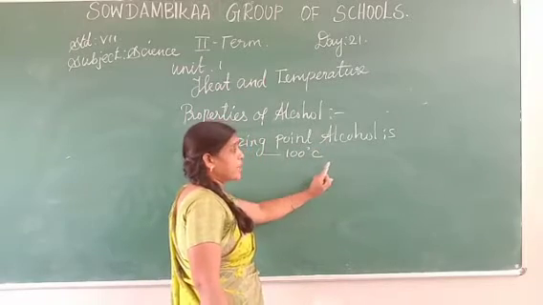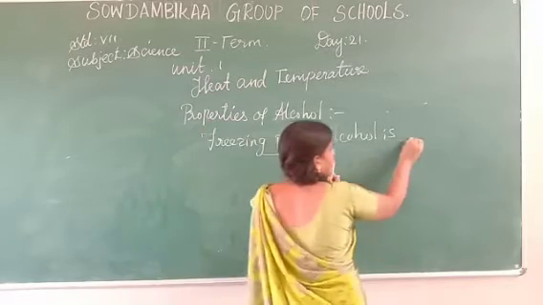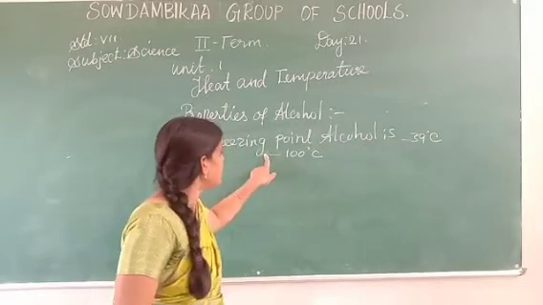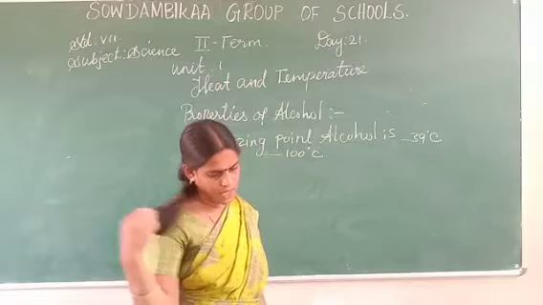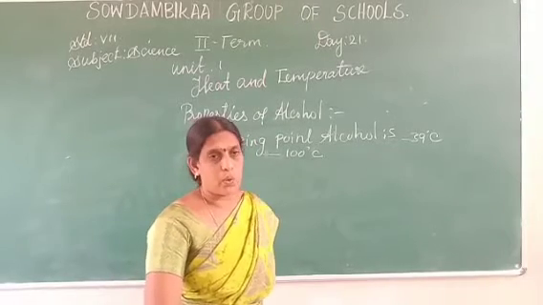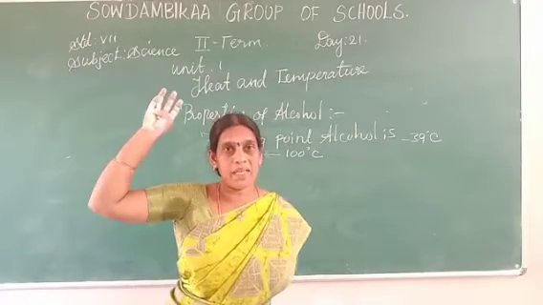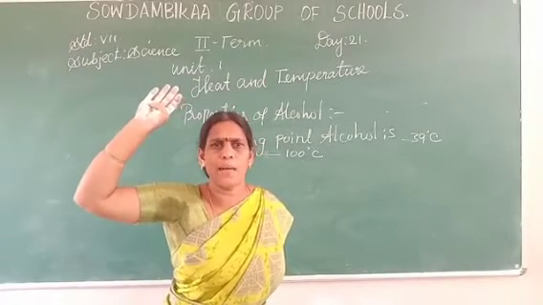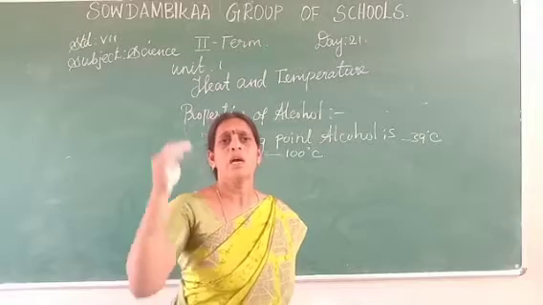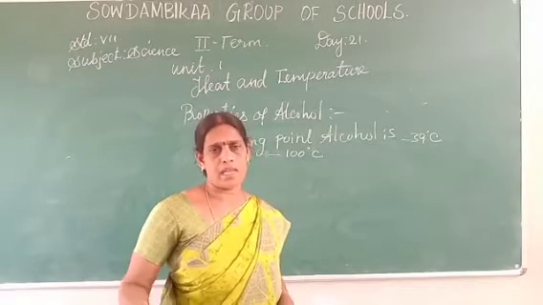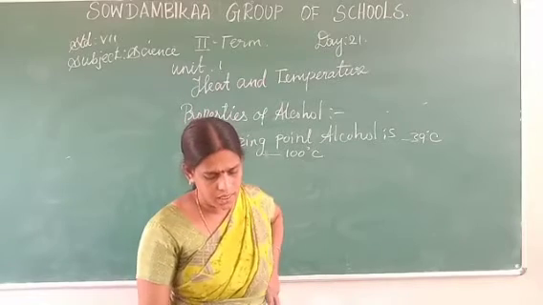What is the freezing point of mercury? Minus 39 degrees Celsius. But in alcohol, it is minus 100 degrees Celsius. So it can be used to measure very low temperatures, in places like Himachal Pradesh and Delhi. In that temperature also, we measure the temperature using the alcohol thermometer.